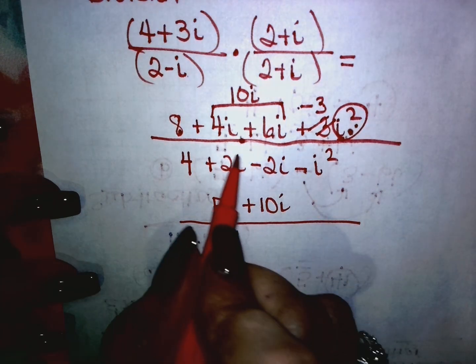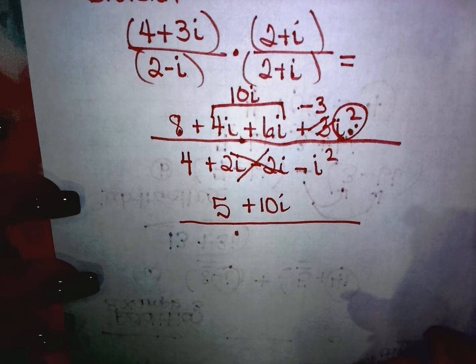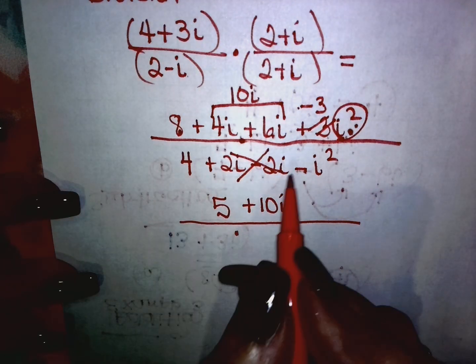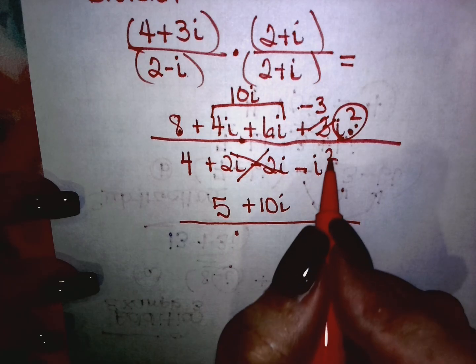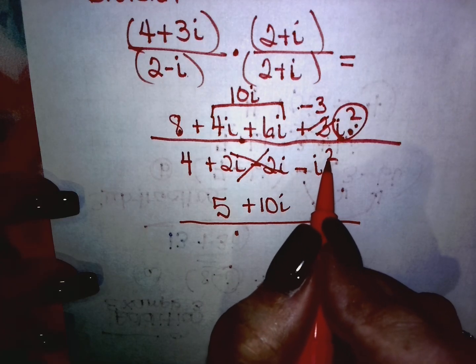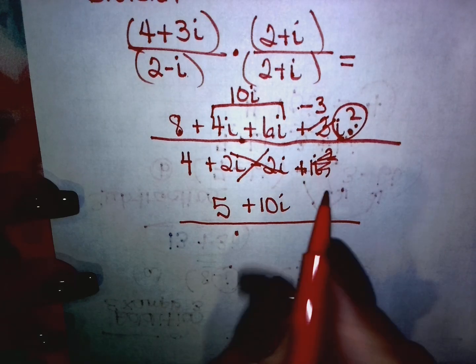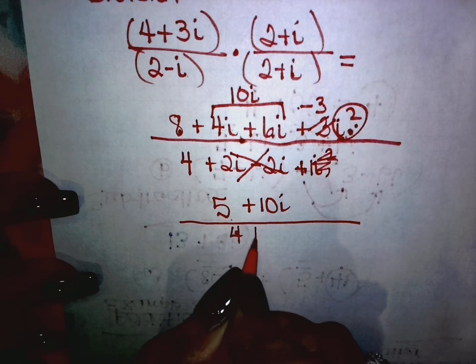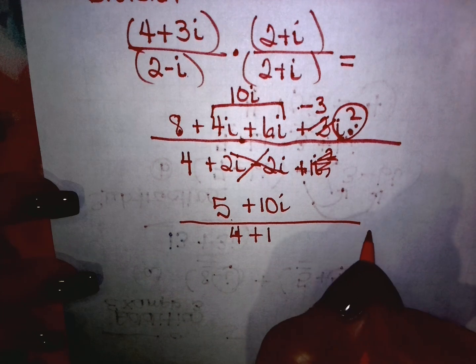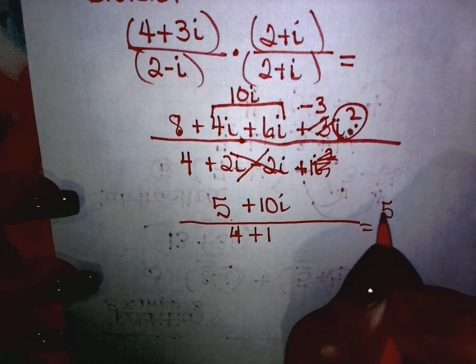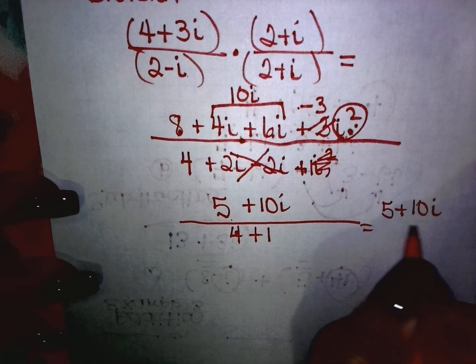And then in the denominator, these two guys are going to go, which they always do when you're multiplying by a complex conjugate. And i squared is negative 1. Negative 1 times a negative, that's going to be positive 1. So in the denominator, I have 4 plus 1. This is going to give me 5 plus 10i over 5.